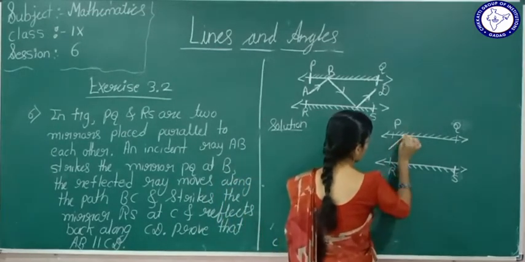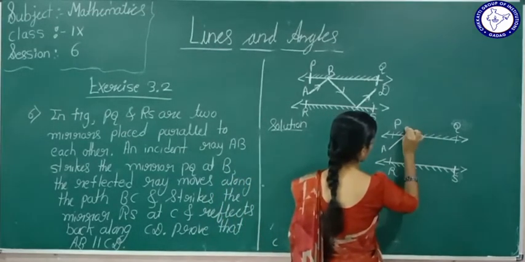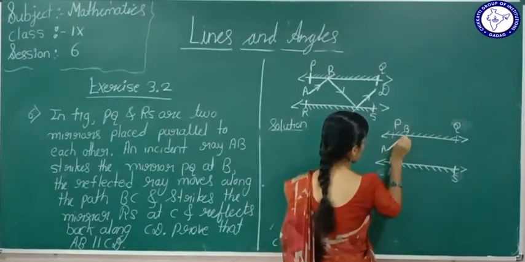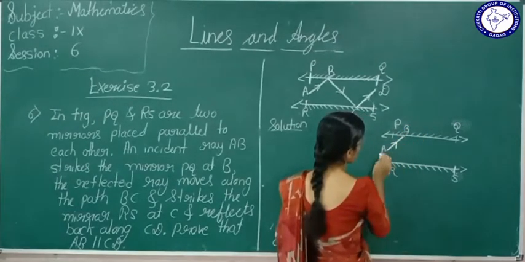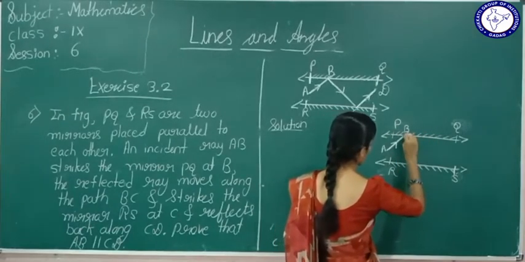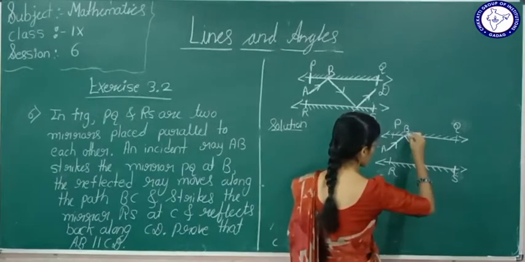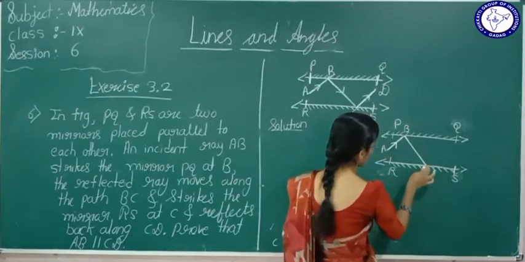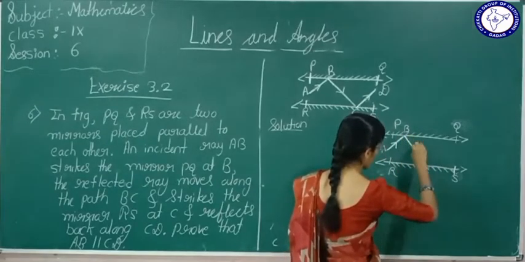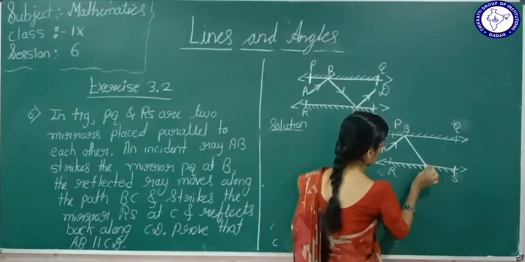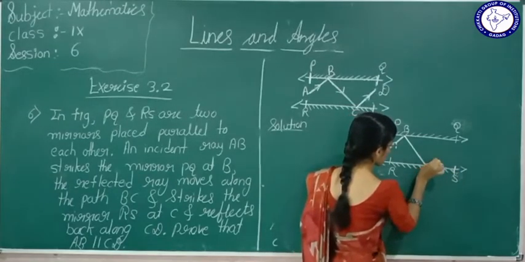The ray AB is the incident ray that strikes PQ at B. The reflected ray moves along the path BC, strikes RS at C, and the reflected ray moves back.